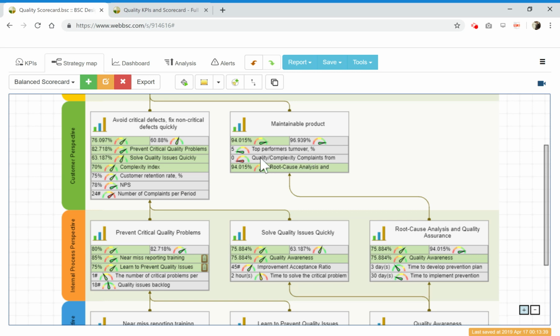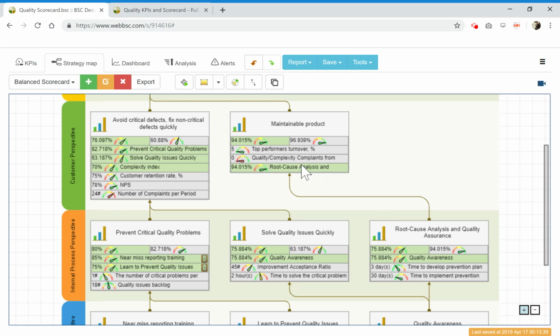And eventually you will see that people start complaining about product complexity or product quality. And this will be a different type of complaint. It's one thing when your end users are saying that your product is not working, and another thing when your engineers are saying that your product is too complex.